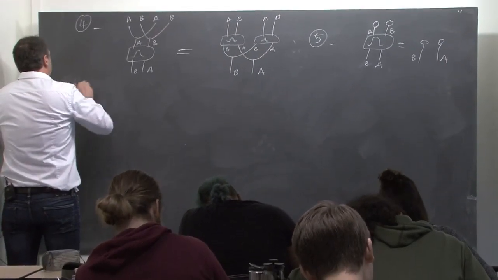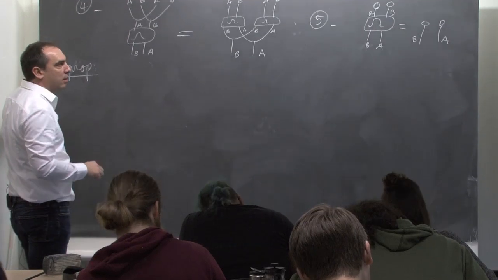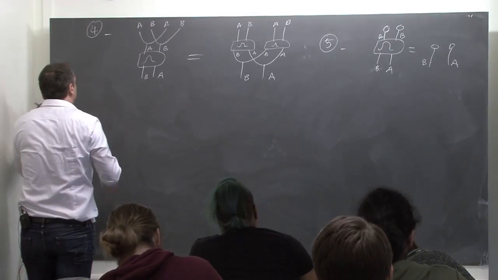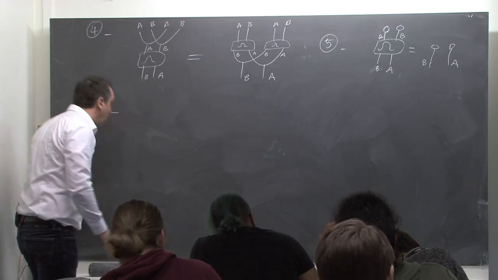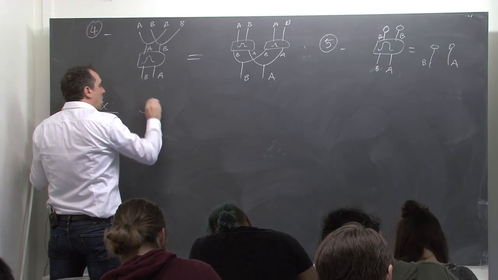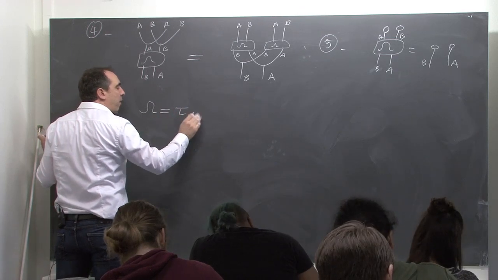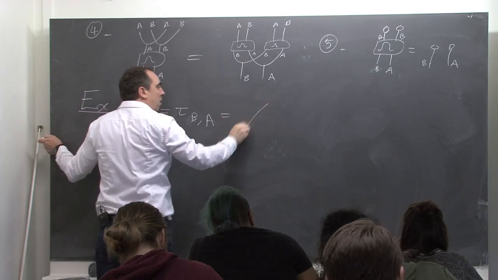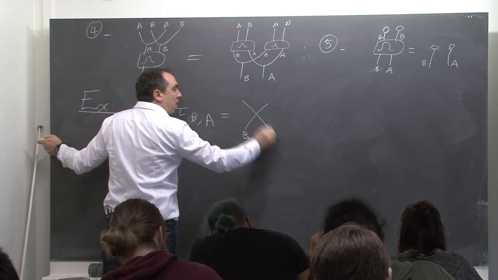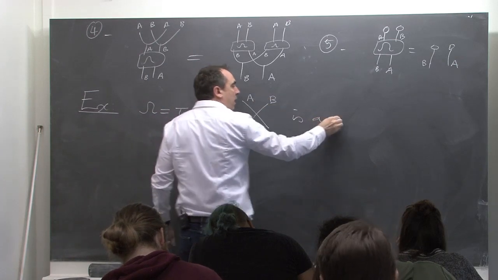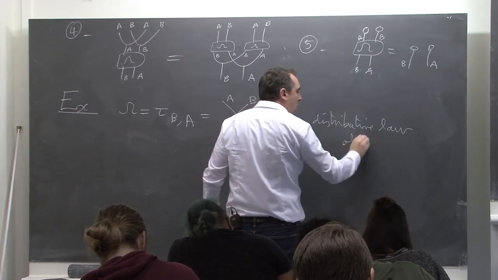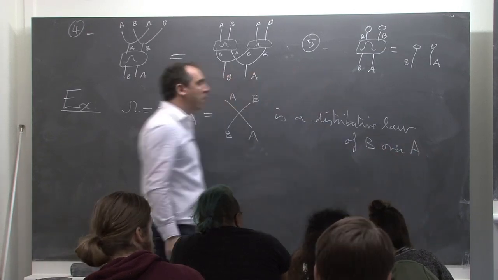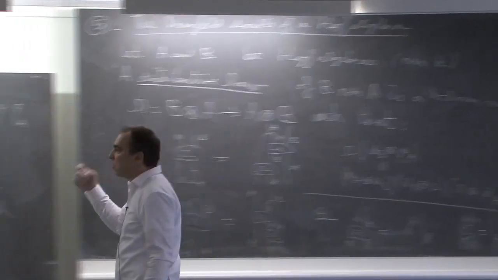And I state why we introduce this. So maybe before, for an example: if I take the flip map, B, A, B, is a distributive law of B over A. So you can think if you replace omega with the flip, you have a distributive law.